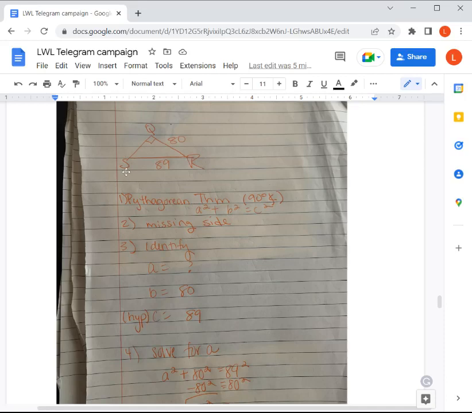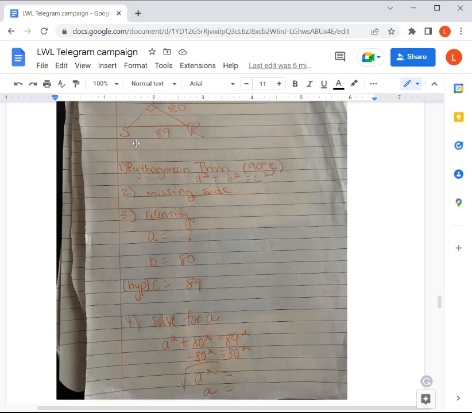So now, to find the tangent of S, I'm looking for the opposite, which we know is 80, and we're looking for the adjacent. If I'm not sure which side is the adjacent, again, I want to identify where the hypotenuse is. Since we have already determined 89 is our hypotenuse, this side here, side a, is our adjacent side.